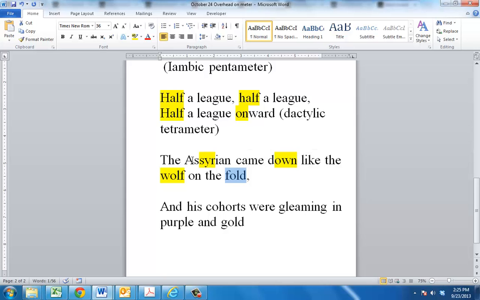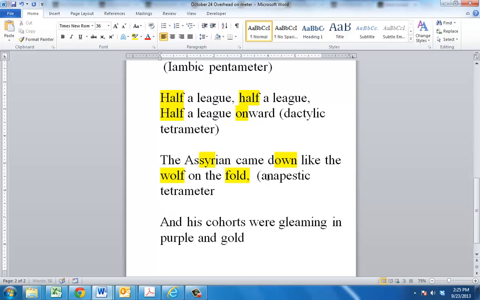So we have 2 unstressed syllables followed by a stressed syllable, repeated 1, 2, 3, 4 times. So 2 unstressed followed by a stressed syllable, we call an anapest. So this is an anapestic meter. And like the line before it, there are 4 of them, so it is tetrameter.